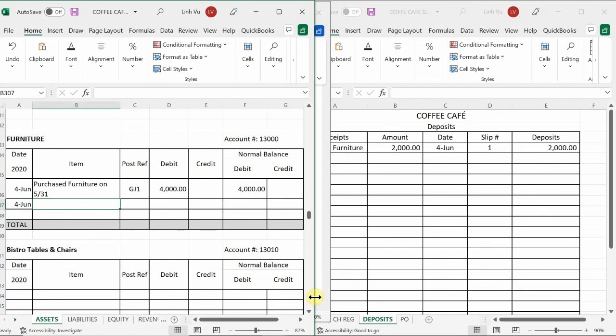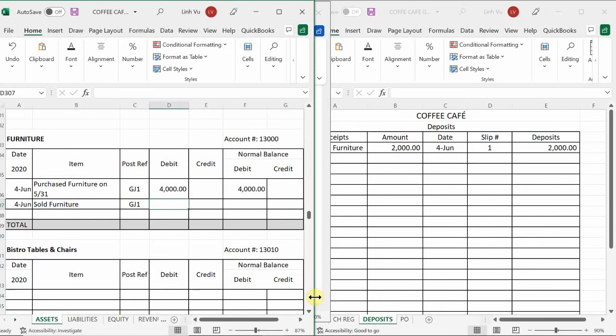June 4th, I sold the furniture. Still on General Journal 1 here.